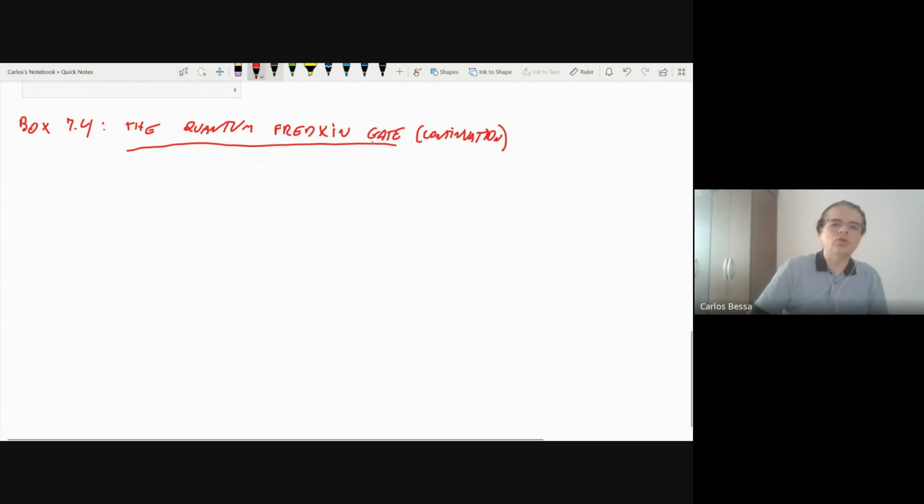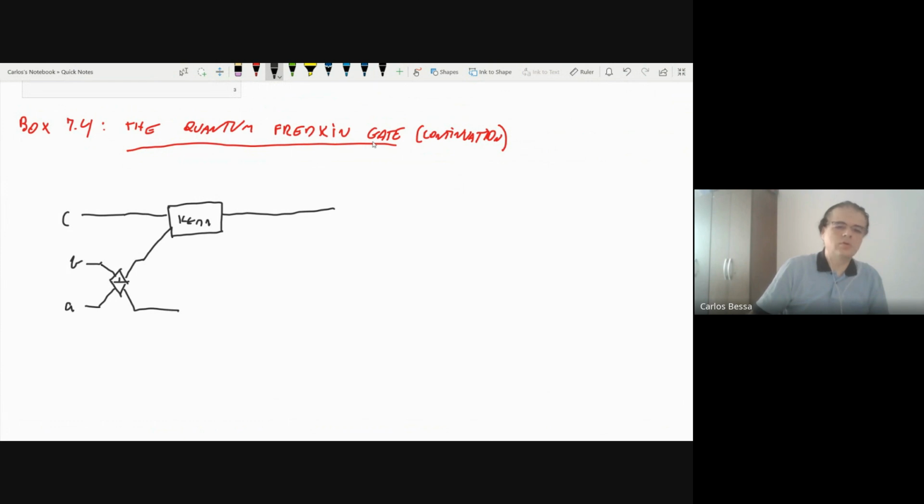We have a wire with a Kerr medium, a nonlinear medium, and coupled to this medium are some beam splitters, A, B. This figure is in the book, you can look there.